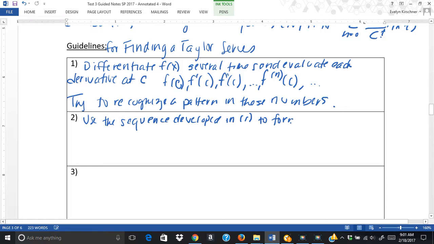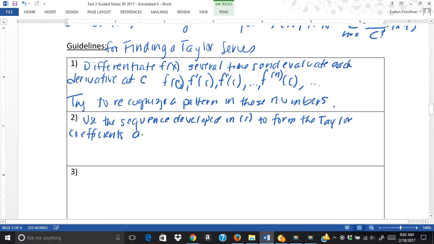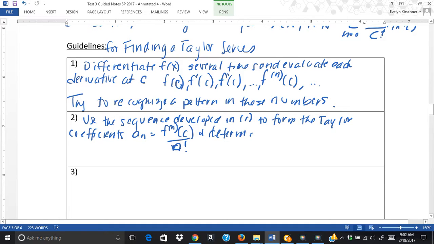We're going to form those Taylor coefficients, a sub n, and remember they equal the nth derivative evaluated at c over n factorial. And then we have to determine the interval of convergence for this power series.